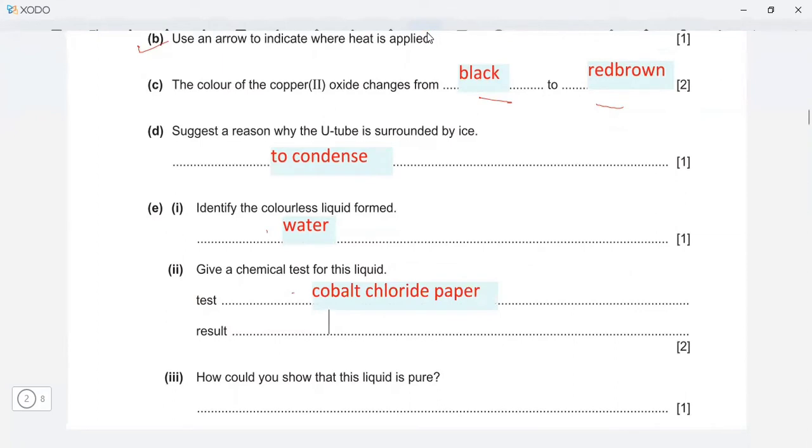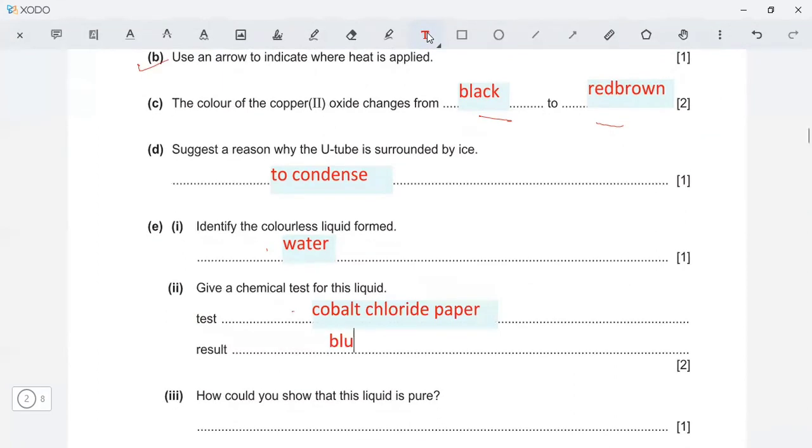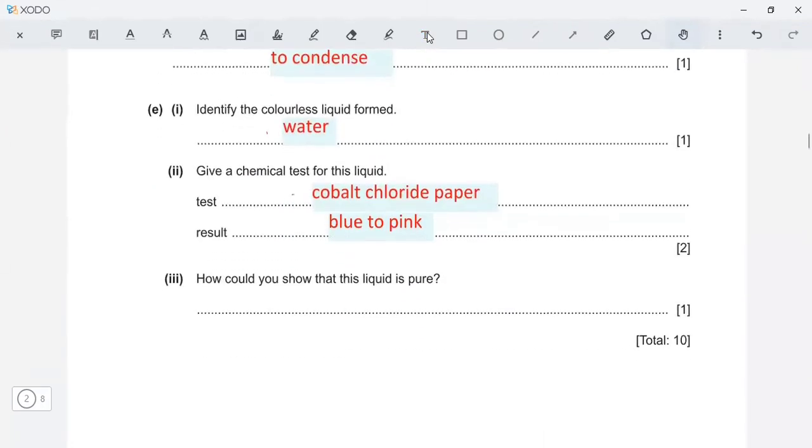If there is water, then the blue will turn into pink color. So the chemical test for this water is cobalt chloride paper, and the result will be blue to pink. Or you can use anhydrous copper sulfate. If there is water, it will change from white to blue color. Any one test is fine.